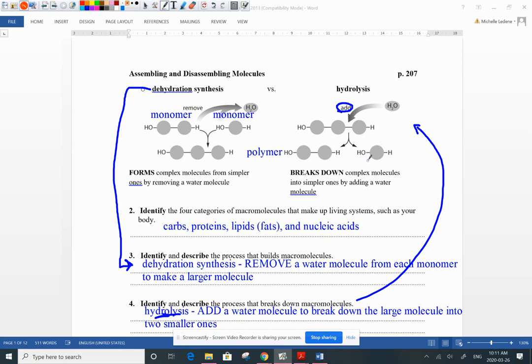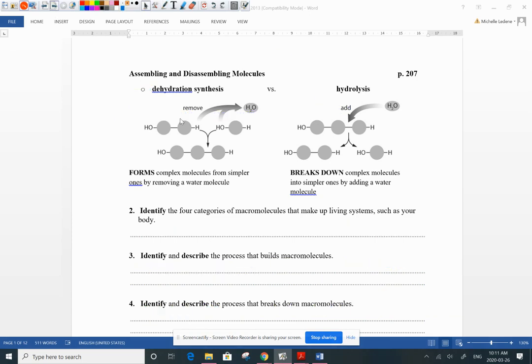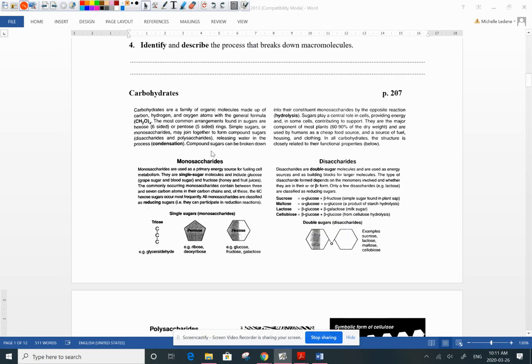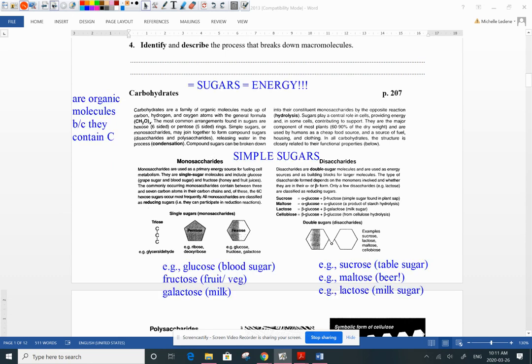Now we're going to go into a little bit of detail and talk about each of the macromolecules. So we're going to next discuss our carbs, the sugars that are used in our body, and what are they important for? Well, they're energy molecules.